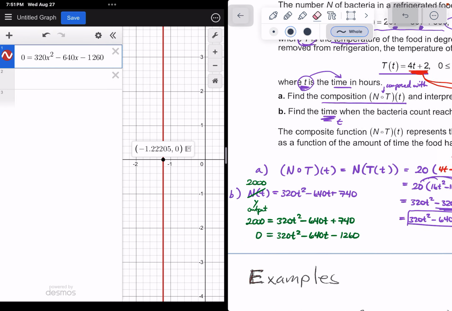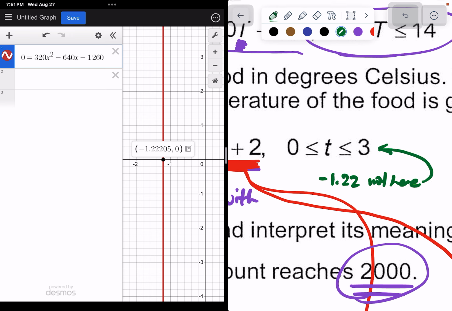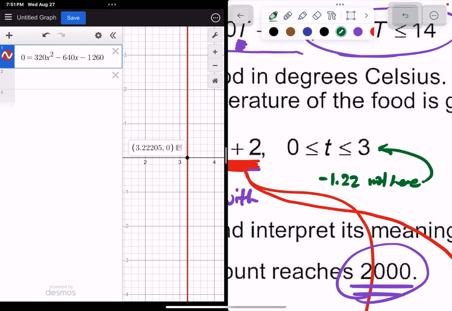So notice, number one, that is not in the domain, right? Negative 1.22 is not here. So they already told us we're not allowed to do that one. So this must be a false solution, right? This is the only solution that could make sense, and it's a little bit later than the domain they give us, but it's at least more realistic.